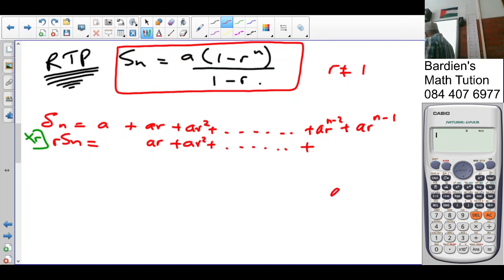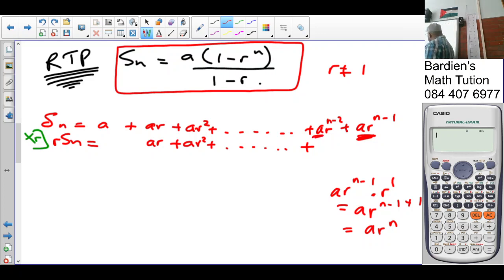What is the last term? AR^(n-1) times R. If I multiply the last term by R, what do you think we're going to get? AR^(n-1+1), which is AR^n.